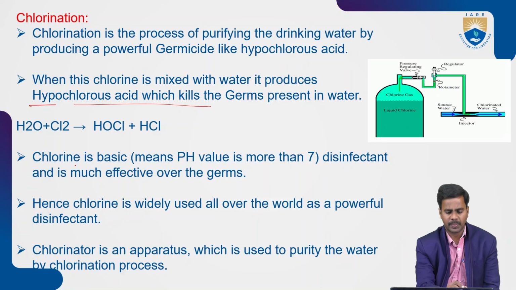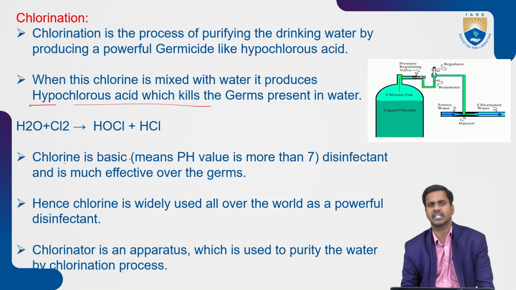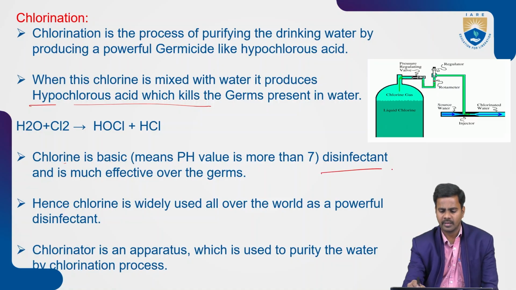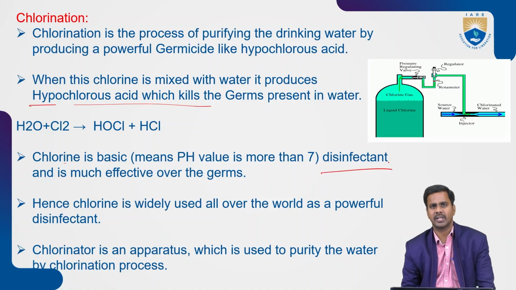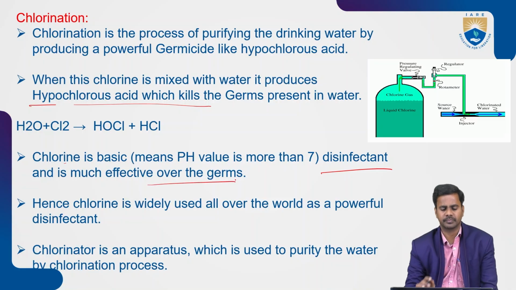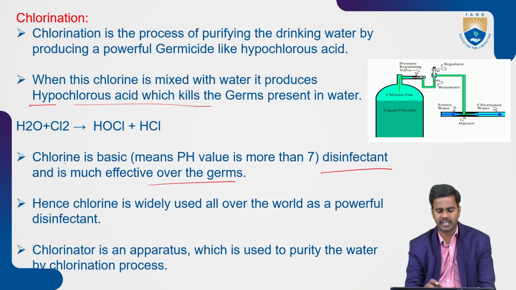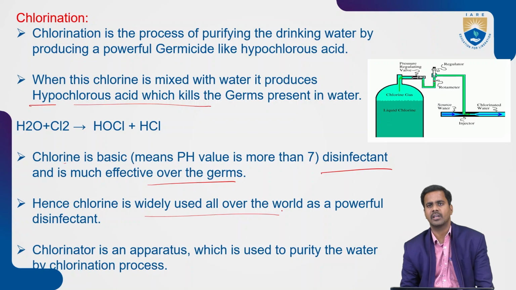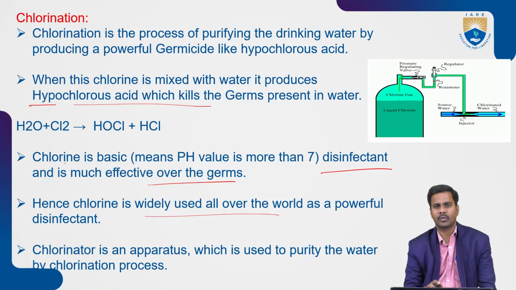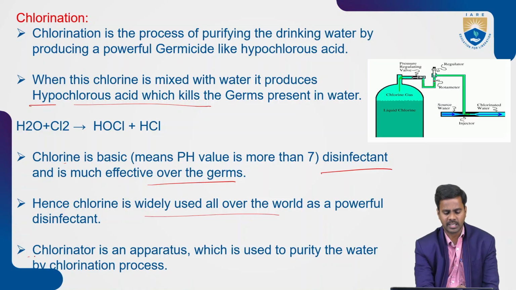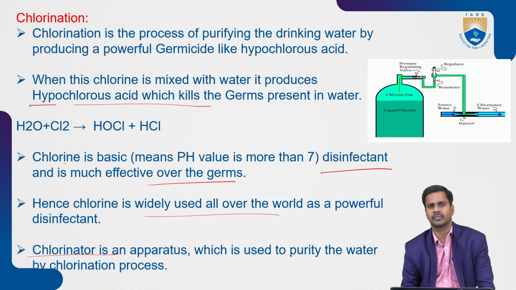So chlorine is a basic disinfectant, and is very effective against germs. Hence chlorination is widely used all over the world as a powerful disinfectant. We can apply the chlorine to the water by an apparatus known as a chlorinator. By using a chlorinator, we can purify the water.